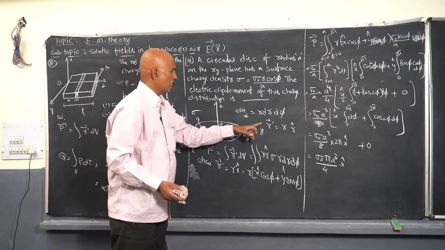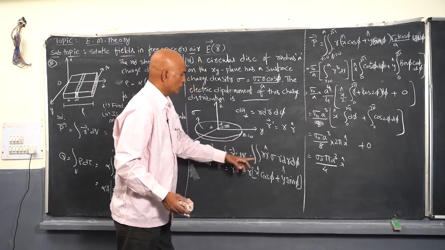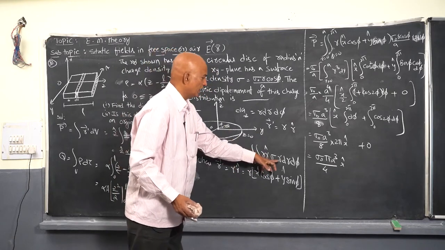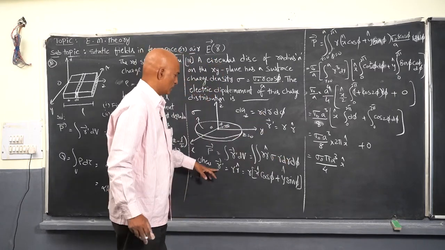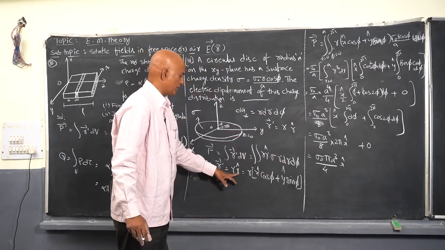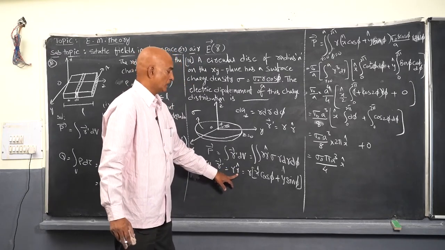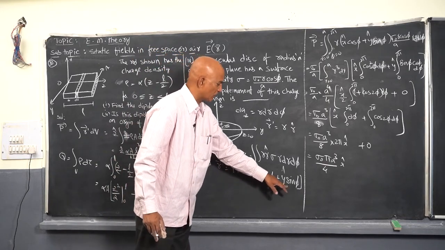So in place of r prime in the formula, we can write r into r cap, into sigma, into the area element r dr d phi, since dq is sigma into dA. Now r prime equals r into r cap, in terms of Cartesian coordinates, is nothing but x cap into cos phi plus y cap into sin phi.